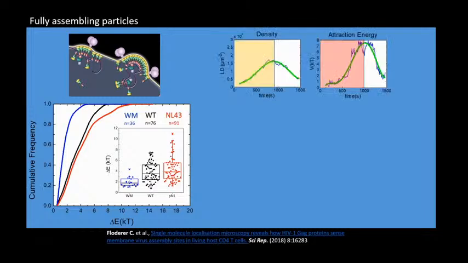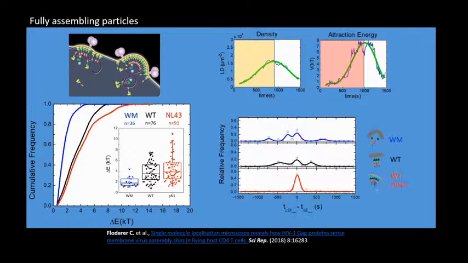Nevertheless, by comparing the time where the density is maximum to the time where the attraction energy is maximal, we could observe a coordination process of this viral RNA compared to the other assembly where the viral RNA is not present.